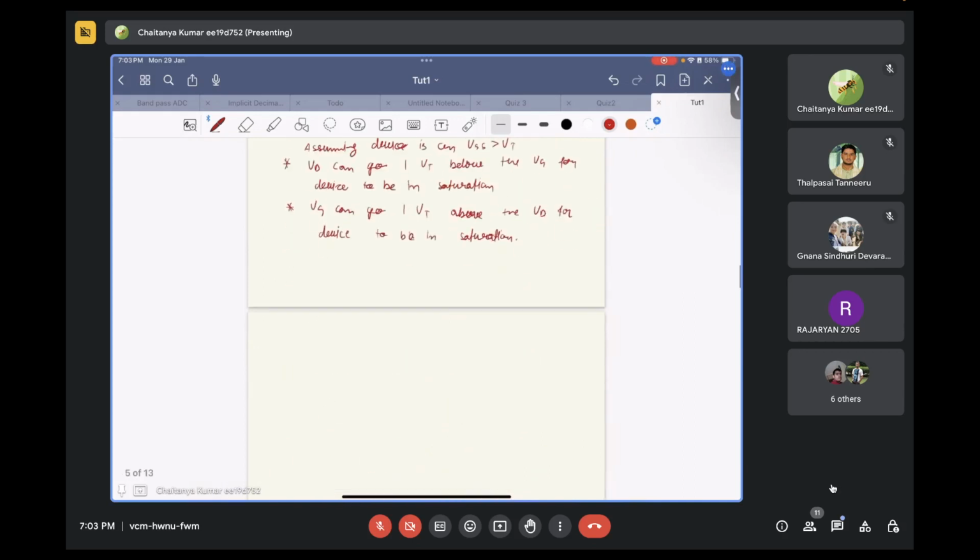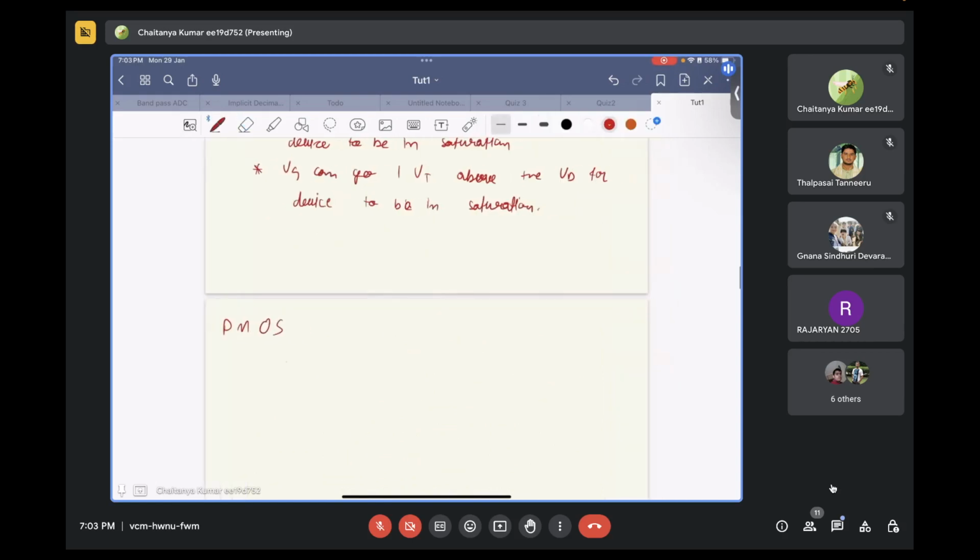Now for PMOS, VT is a negative quantity. Let's draw a PMOS over here. What is this node?